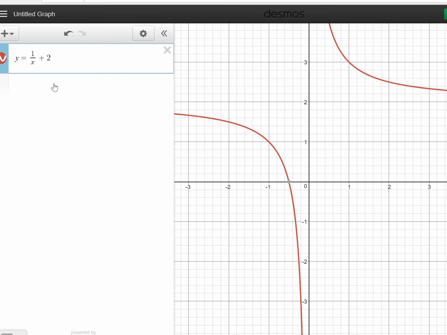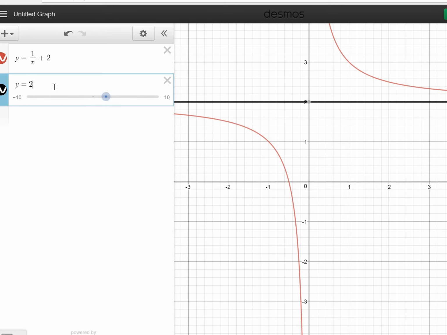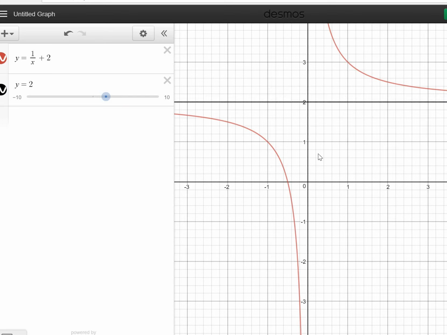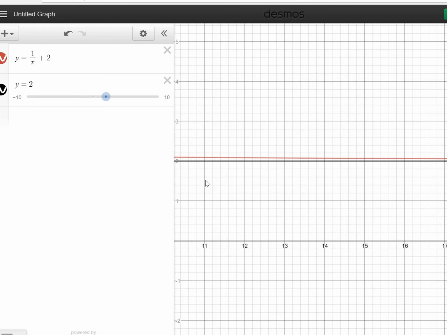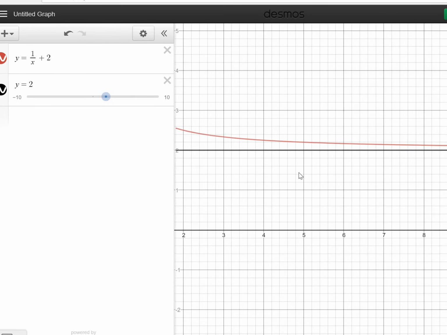Our graph has now moved up 2 places, and the horizontal asymptote that was previously at y equals 0 is now at y equals 2. So our graph will never touch this line. It will get close, but it will never touch.